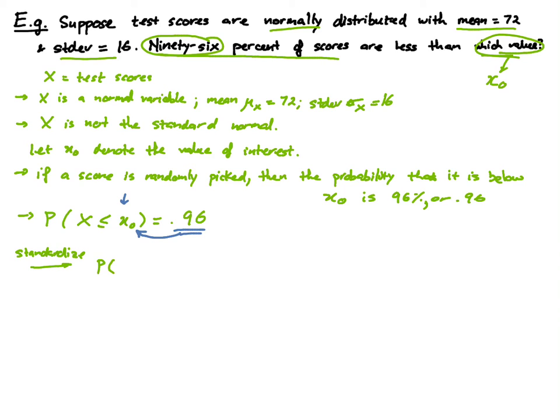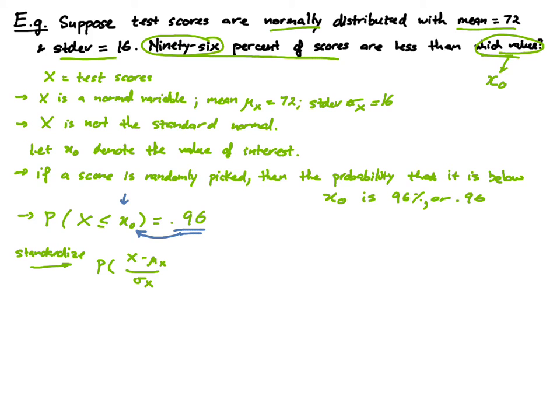You do it by subtracting the mean of x and dividing by the standard deviation of x. So this becomes the probability that x minus mu x divided by sigma x. Remember that you do that to x, and in order to maintain the inequality, you also want to do it to x sub 0.